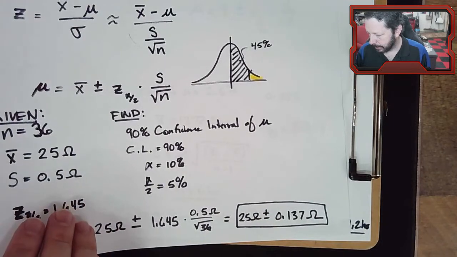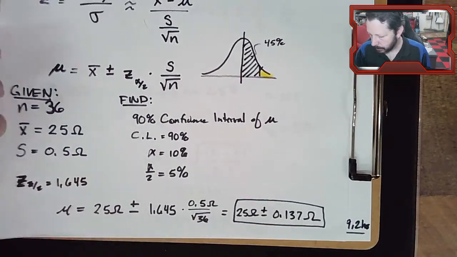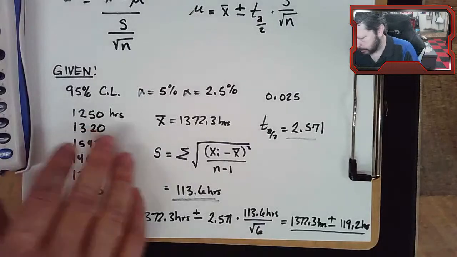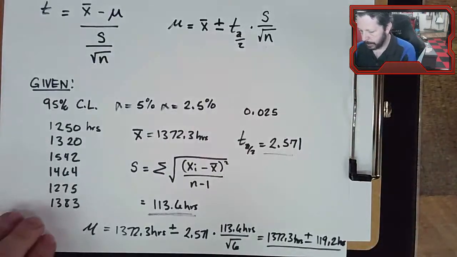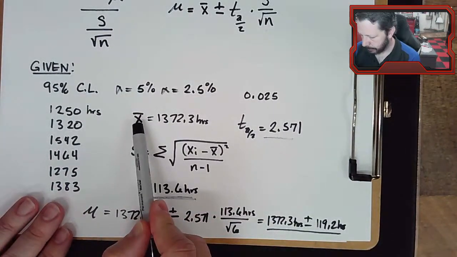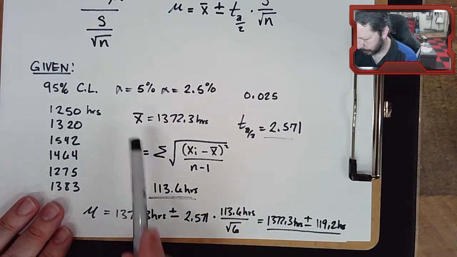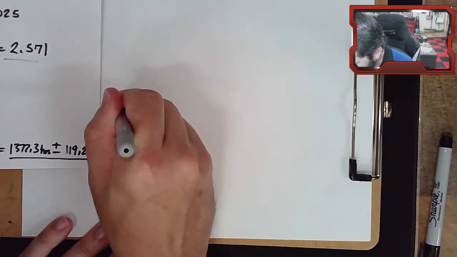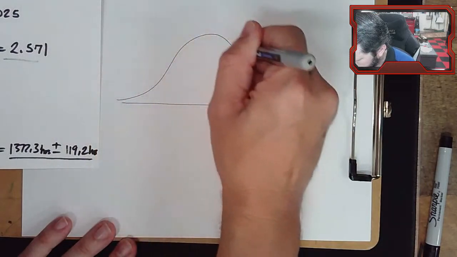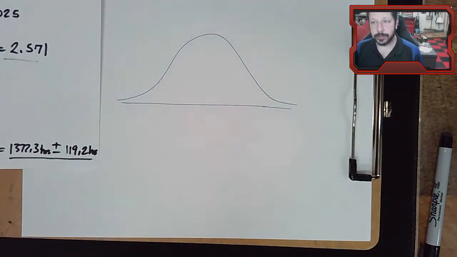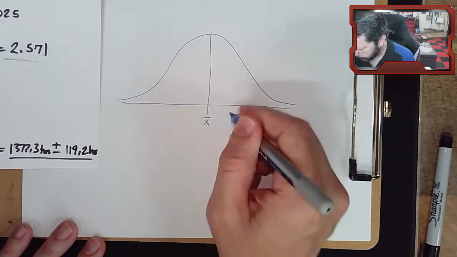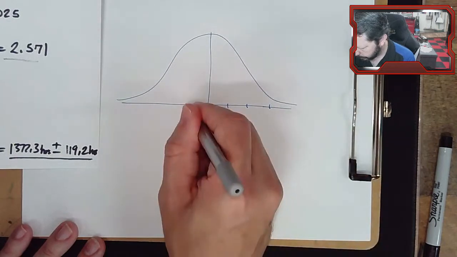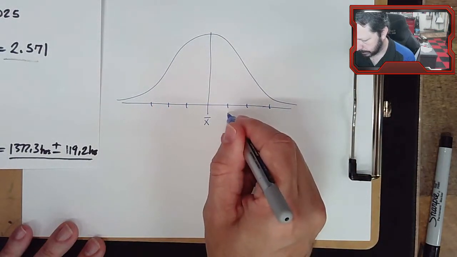Basically what we're saying is, we have an average and we have a standard deviation, so a mean and a standard deviation. We could assume a normal distribution and plot it with X bar and 1, 2, 3 standard deviations.